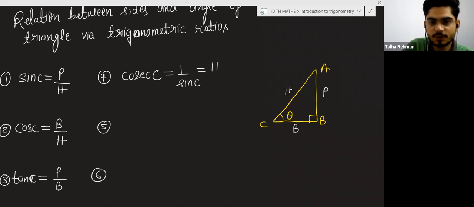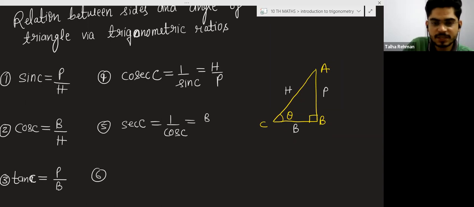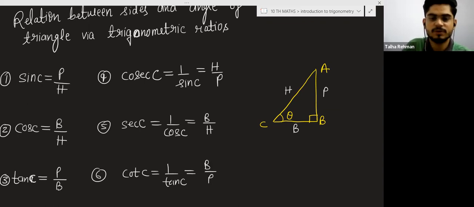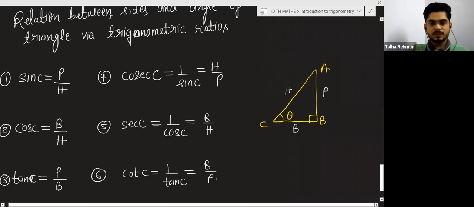This will become hypotenuse divided by perpendicular. Sec C is 1 upon cos C, which will become hypotenuse divided by base. Cot C is 1 upon tan C, which is base divided by perpendicular, because these are reciprocals.